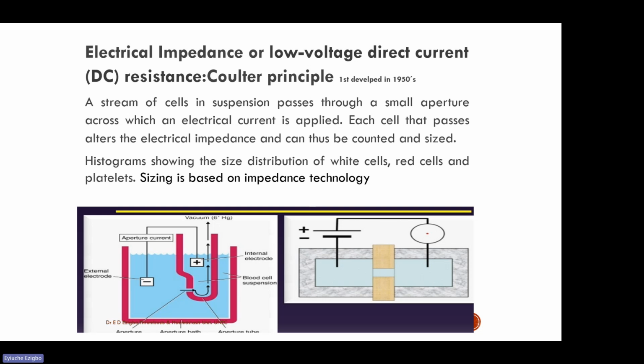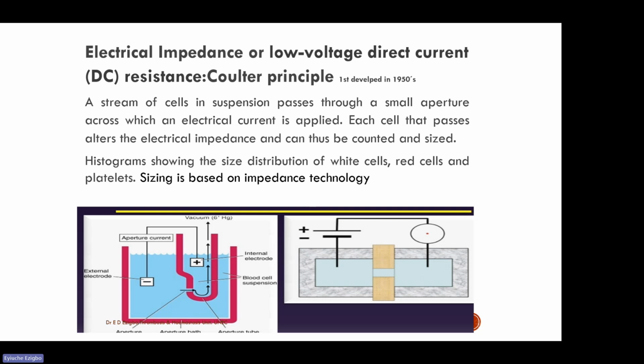Each cell that passes alters the electrical impedance and can thus be counted and sized. A histogram showing the size distribution of white cells, red cells, and platelets can be generated. Sizing is based on impedance technology.